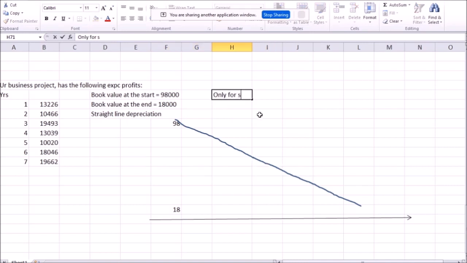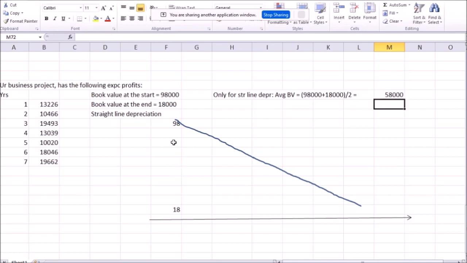So only for straight line depreciation, average book value is 98 plus 18 divided by 2, which is $58,000.